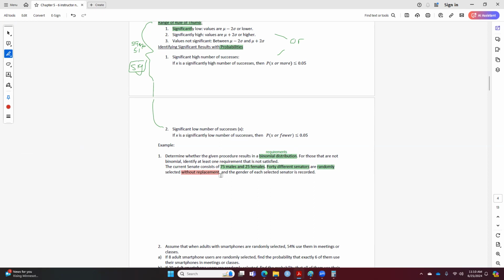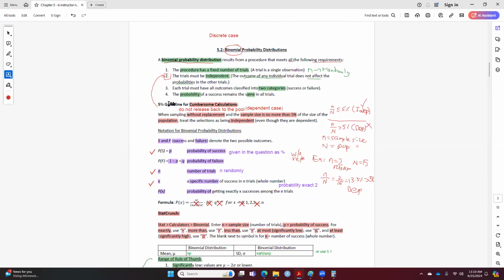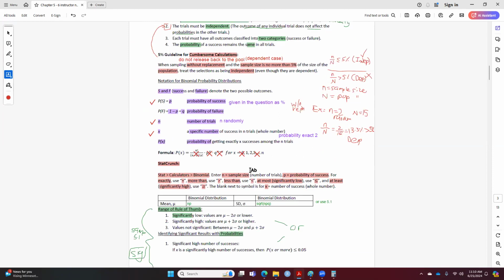That's why I'm teaching you, when you read the questions, to pick up the important keywords. When you see the words without replacement, this is where you have to perform the 5% guideline comparison rule. You only do this when you have the words without replacement.